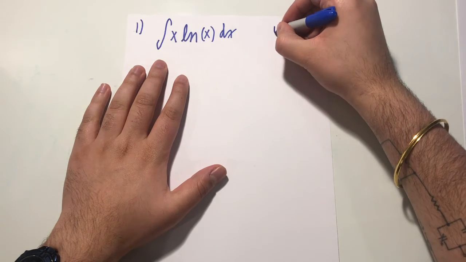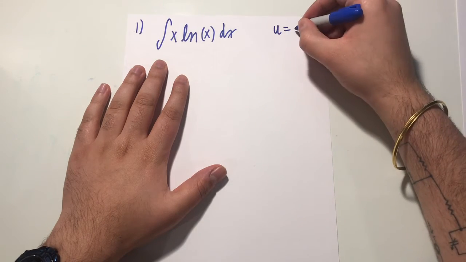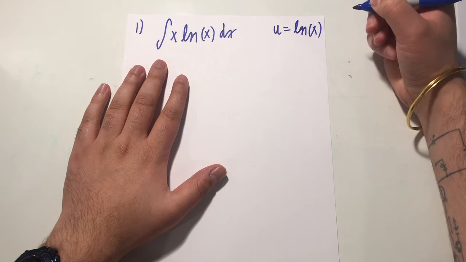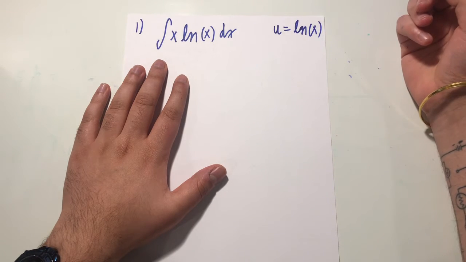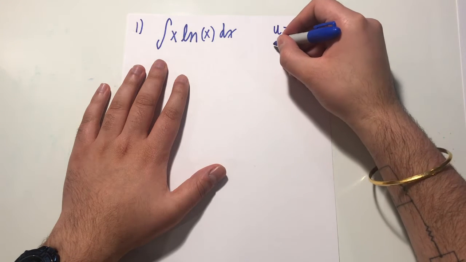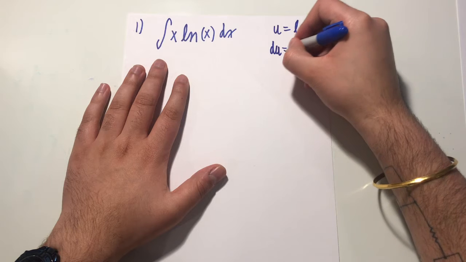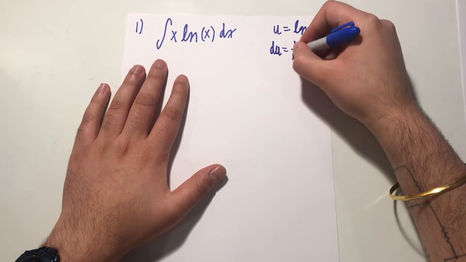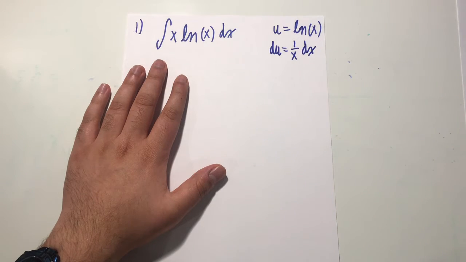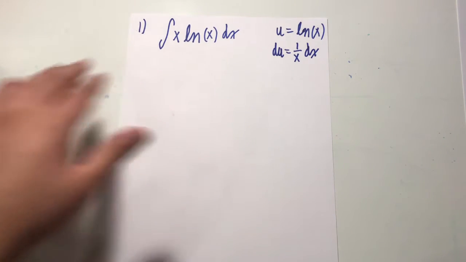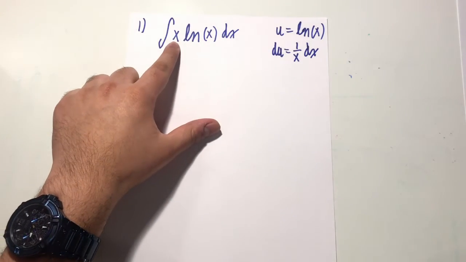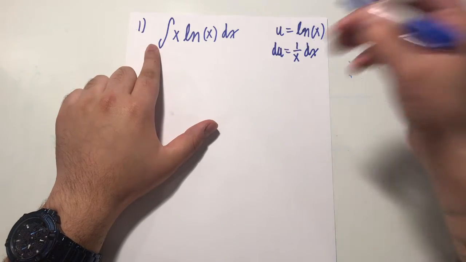So u is going to be equal to natural log of x. And then what would du be off of that? That should be a memorized derivative. Du should equal 1 over x dx. And next, we have to determine what our dv is, and that should be the other term that's left. So our dv is going to be x.